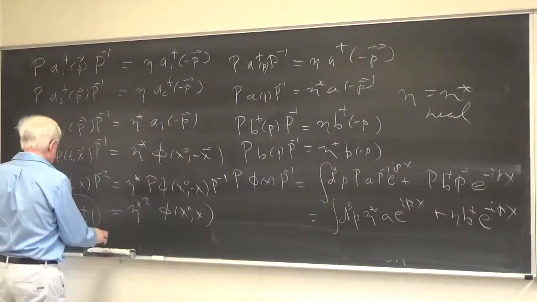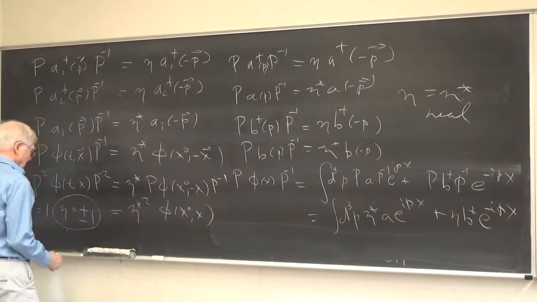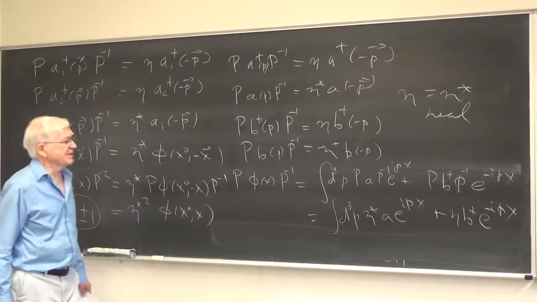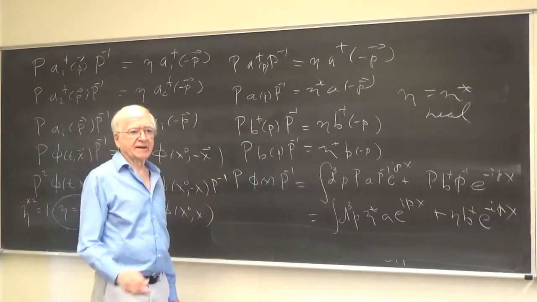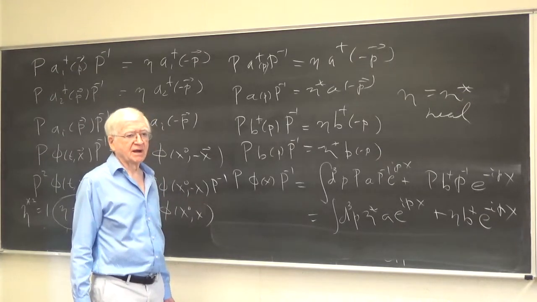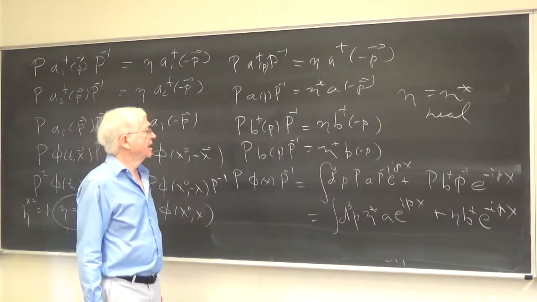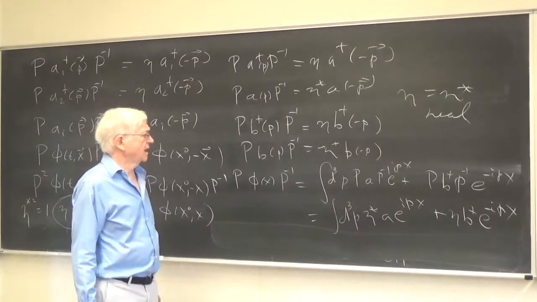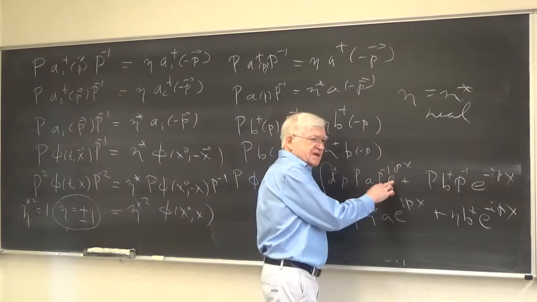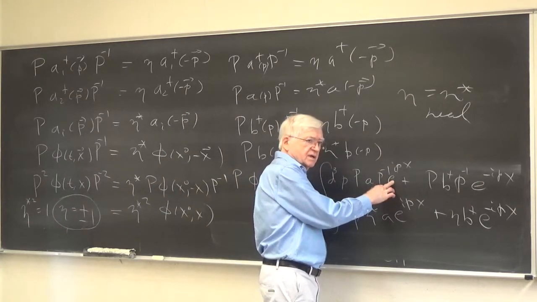This one then says that eta squared is 1, so this again says eta is plus or minus 1. Yeah. Oh, so implicit in here, you only wrote the P, A, P inverse around the A's, not around the e^{ipx}. But is that just because under parity you have a P and an X and those both get a minus? Well, this is a linear unitary operator, so it doesn't affect complex numbers. Okay.